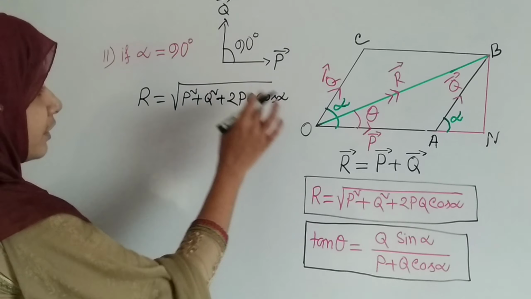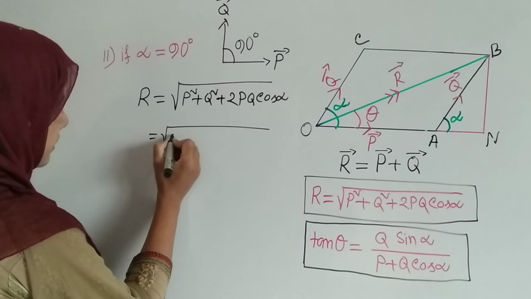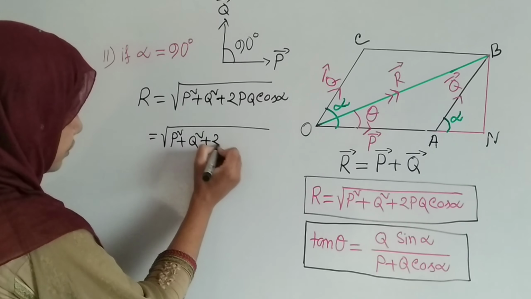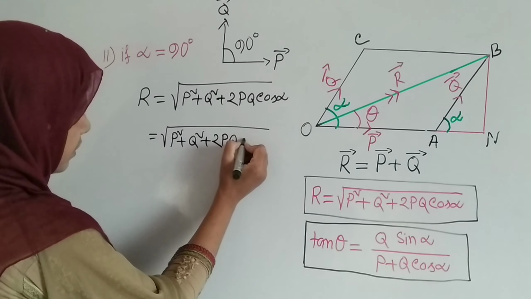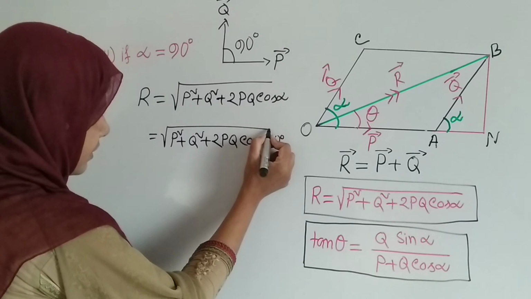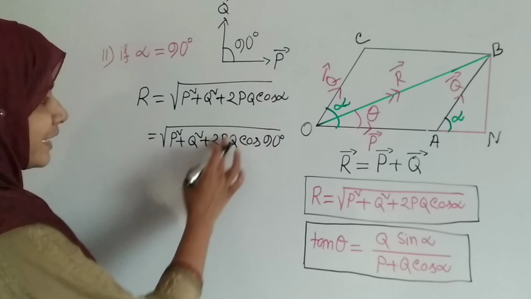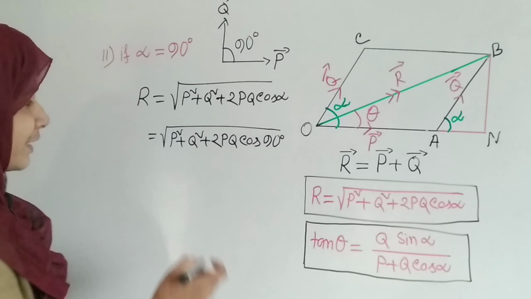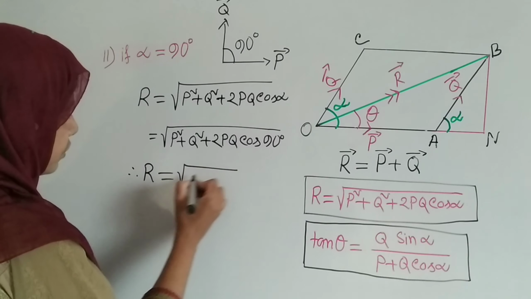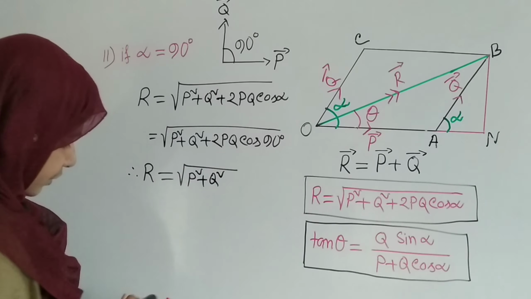Now instead of alpha I will write 90: P square plus Q square plus 2PQ cos 90 degree, and the value of cos 90 degree is 0. So we can write that R equals to root over P square plus Q square.